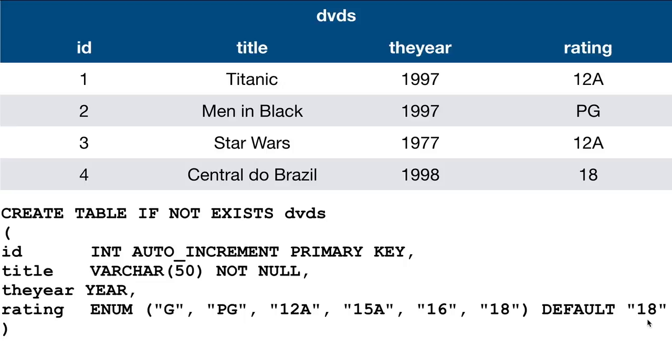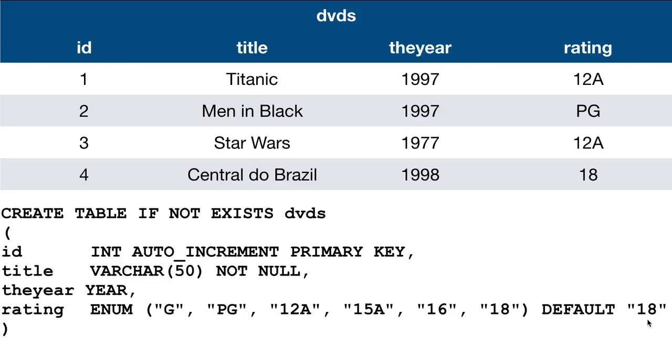We don't rent 18 movies to kids, for example. So if someone comes in and they're 12, we won't let them take home an 18 movie. So if there's no rating identified when the movie is added, then it'll be 18 by default. And so that way we don't run the risk of renting something to a child that we shouldn't.